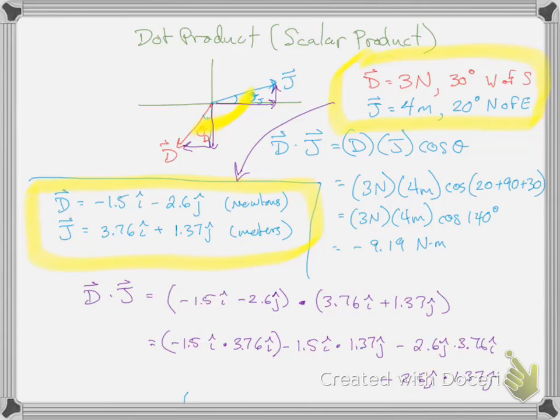So we've got four terms. Minus that, minus that, minus that. Okay, so we've got those four terms. So we now have four dot products that we have to do.